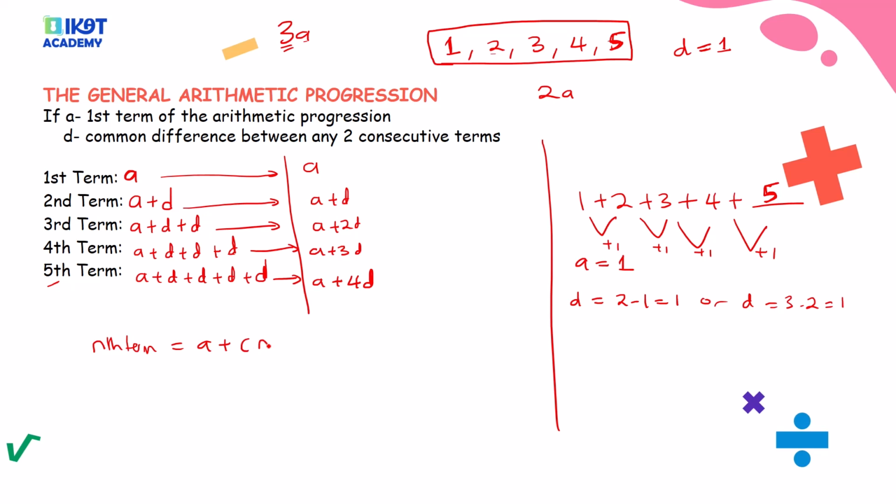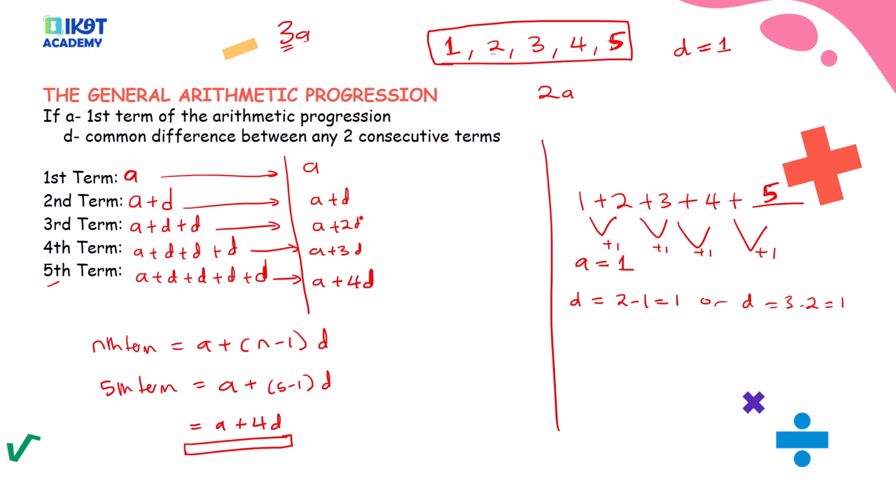So if I was trying to find the fifth term, it is going to be A plus (5 minus 1)D, which is equal to A plus 4D. That's what I'm trying to tell you, that when you look closely at those coefficients, the coefficient is less by 1 than the number of that nth term.